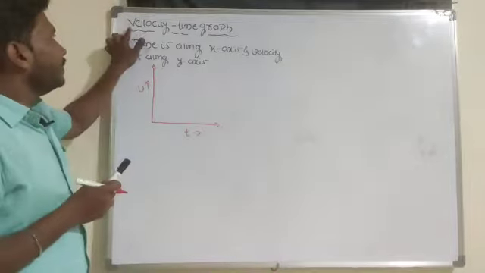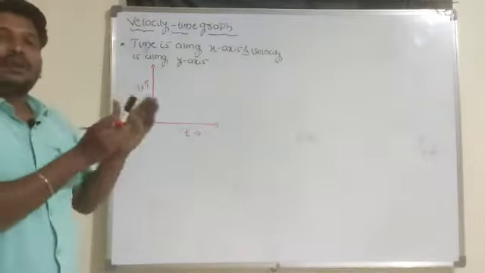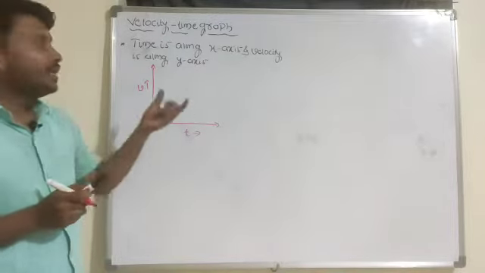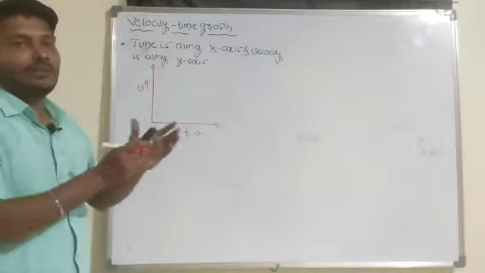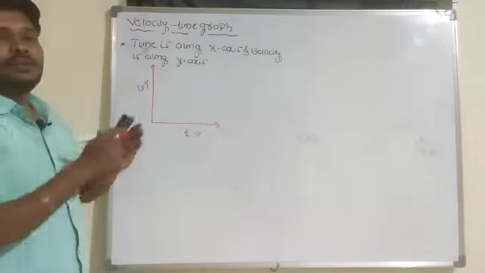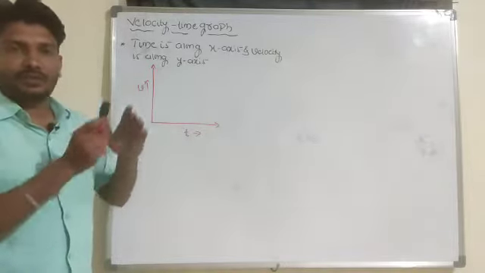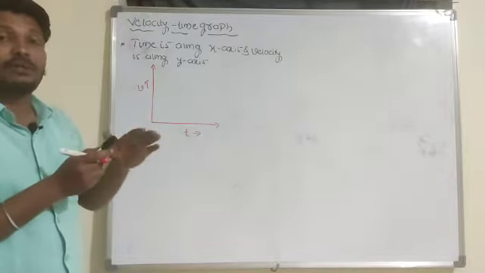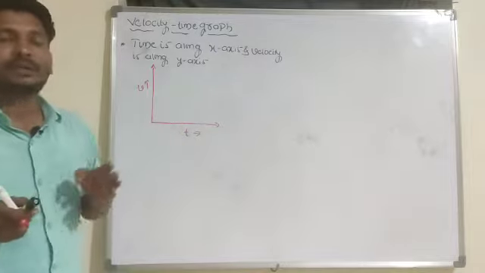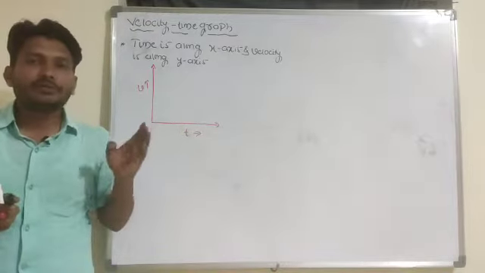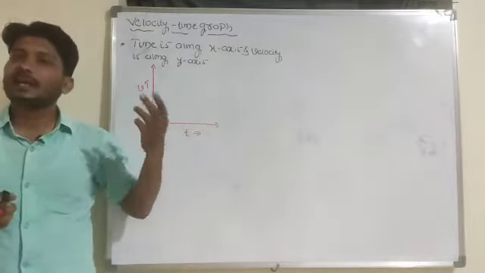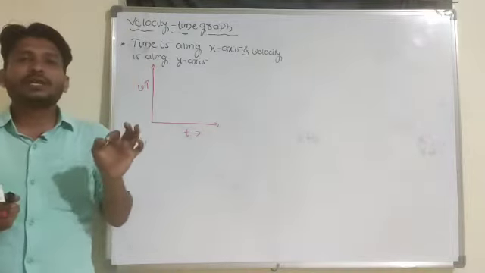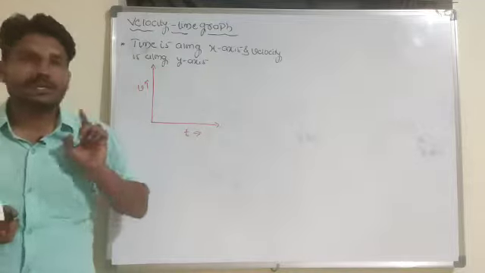Velocity divided by time taken is acceleration, so a VT graph gives information about acceleration, whereas a position time graph, which is position or distance divided by time, gives information about speed or velocity. Remember, the position time graph gives information about speed and velocity, whereas the velocity time graph gives information about acceleration.